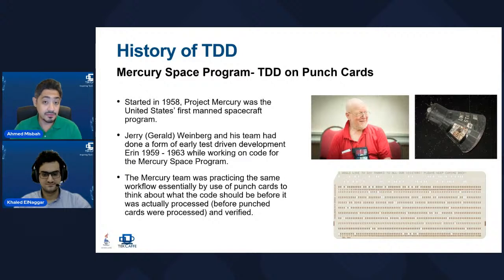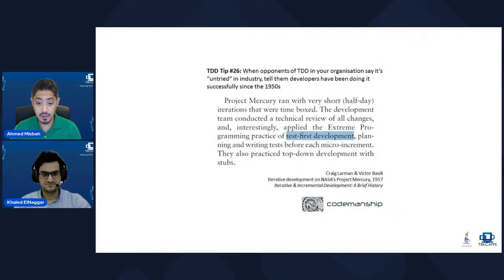So this team, which is one of the earliest software development teams, used an early form of test-driven development in the Mercury space program. And yeah, you can read all about it in this slide in front of us.